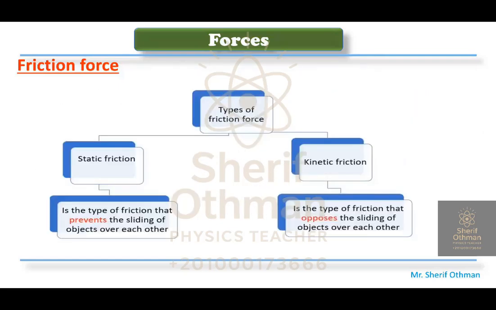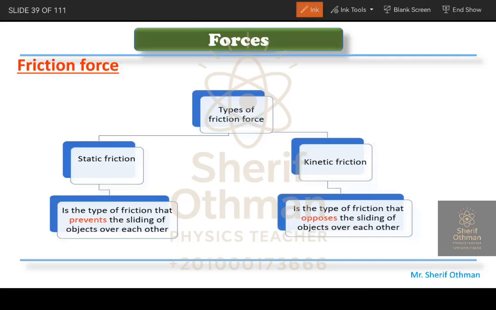Types of friction, guys. We have two types of friction: static friction and kinetic friction. Static friction is the type of friction for a stationary object at rest.